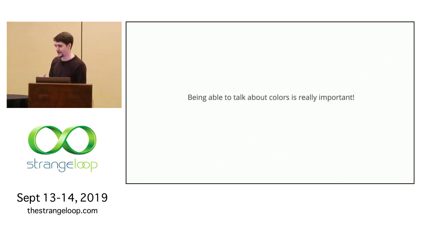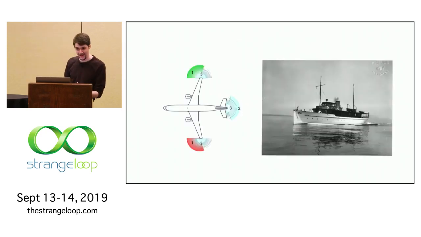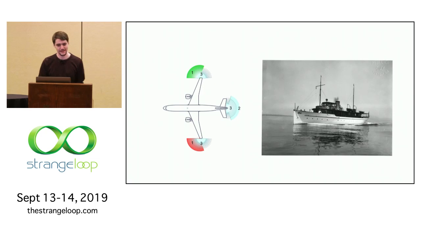And being able to talk about colors is important, right? Even in the 1930s, this was important. We need some way to say, even though it's all kind of in your head, right? We need some way to be like, oh, hey, this is the color I'm talking about. And back then, the main concern they had, they didn't have monitors, right? But they had signal lights on planes and boats.